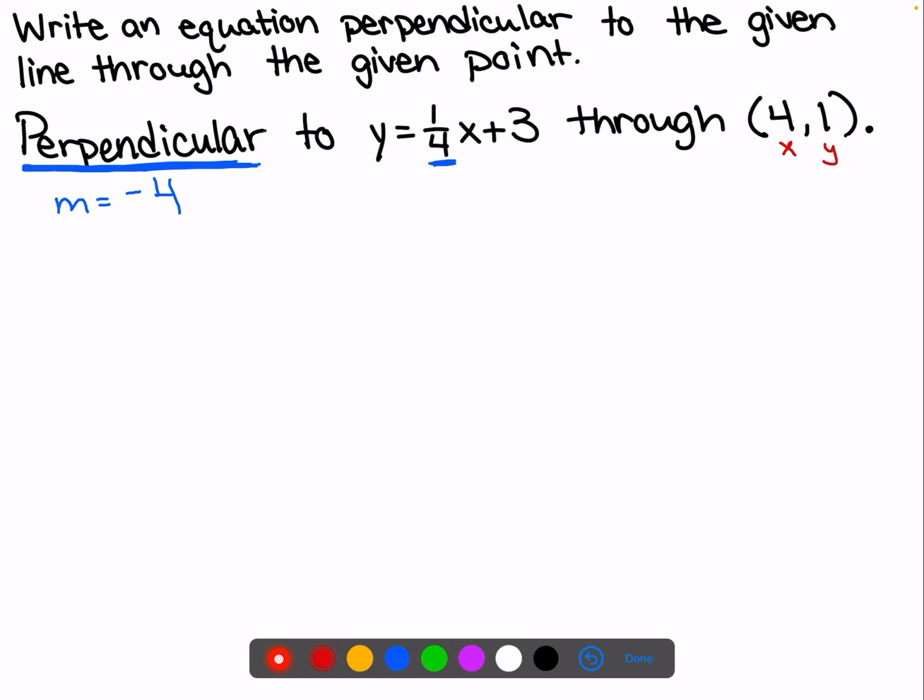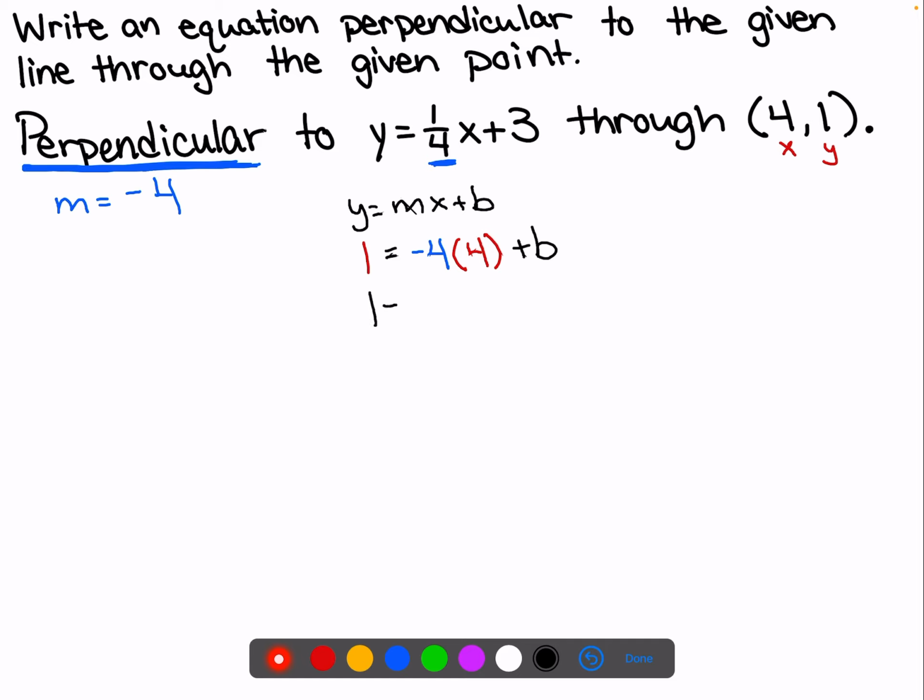If I want to put it into slope-intercept form, y equals mx plus b, I'll start plugging in my different variables. So this will give me 1 is equal to negative 4 times x, in this case x is 4, plus b. And we're just going to solve for the b variable, because once I have that y-intercept, I can just plug it back in, and we'll have our new equation.